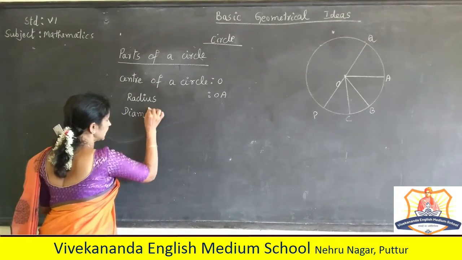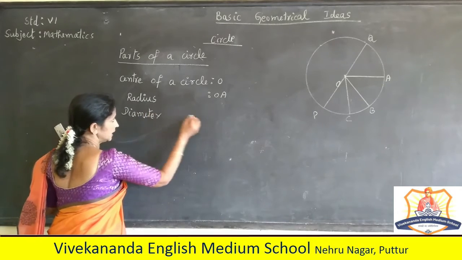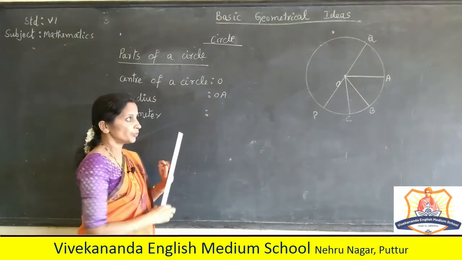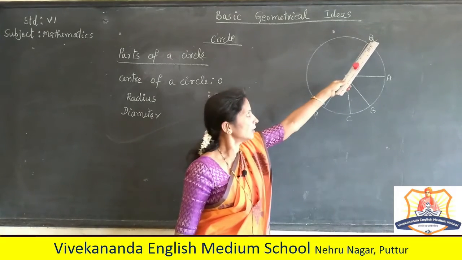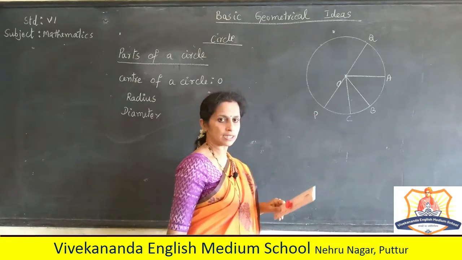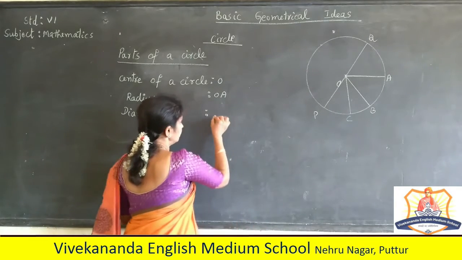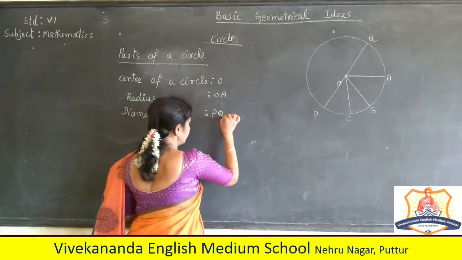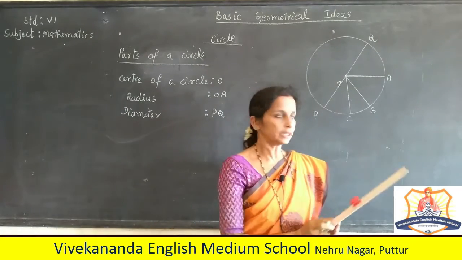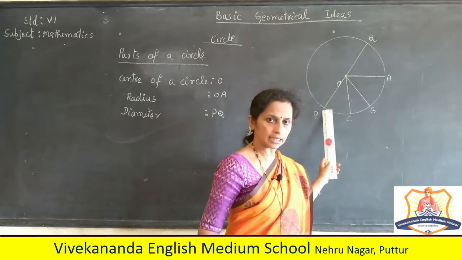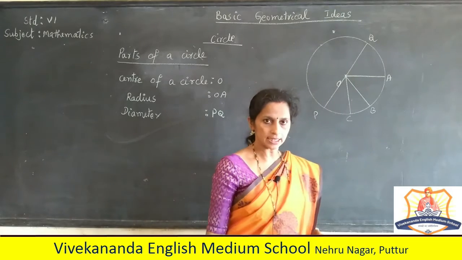So what is a diameter? A diameter is the line which passes through the center, joining the 2 points of the circle. So here PQ is the diameter. A diameter is the line which joins the 2 points of the circle and passes through the center.